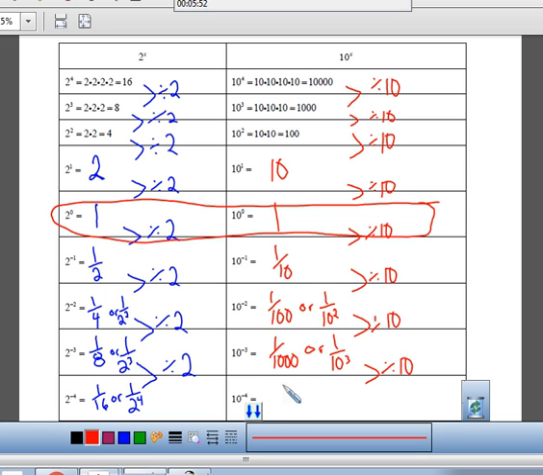And then the last one, 1/10,000, or 1 over 10 to the 4th. Alright? Okay.